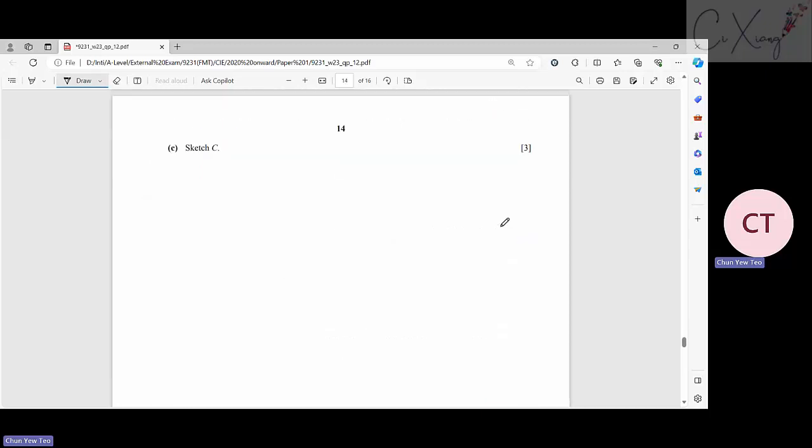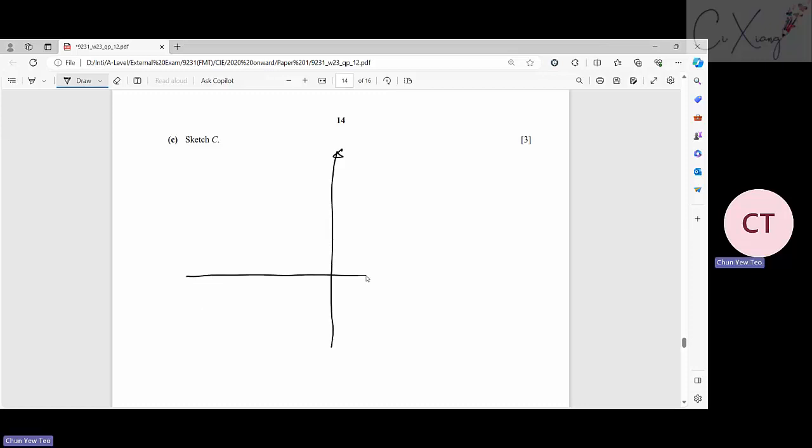Then for part C, you need to sketch a graph. In order to sketch a graph, I draw freehand, so my graph may not look so nice. However, you just need to understand, when you draw it on a hard copy, you can use a ruler to draw it better with the proper scale.